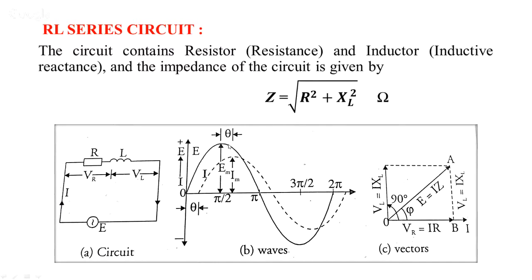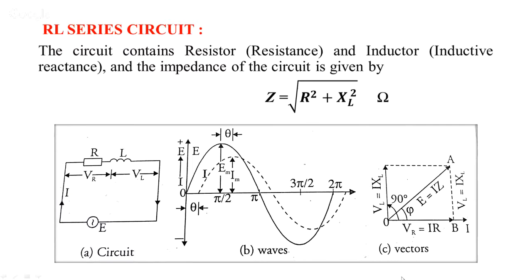Similarly here, the voltage wave has already reached a maximum value, whereas the current is going to reach the maximum value after some time. Now, there is an angle difference between the two alternating quantities, which is shown as theta here. So that means to say the two alternating quantities are not reaching their zero and maximum values simultaneously or at the same time.